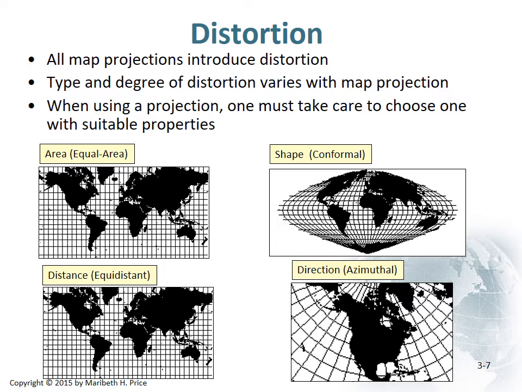And in order to know exactly what those things are, you may need to get into a formal description of the map projection. The map projection properties themselves and the metadata itself may not give you that information. You may need to do some research to figure out what the properties are for your particular map projection and what it's preserving, what it's not preserving.